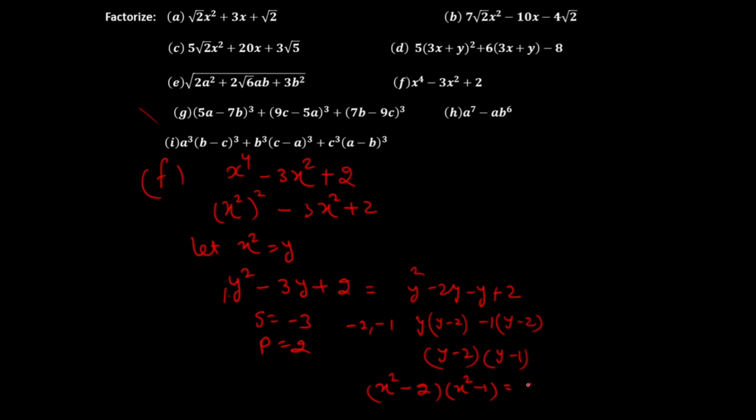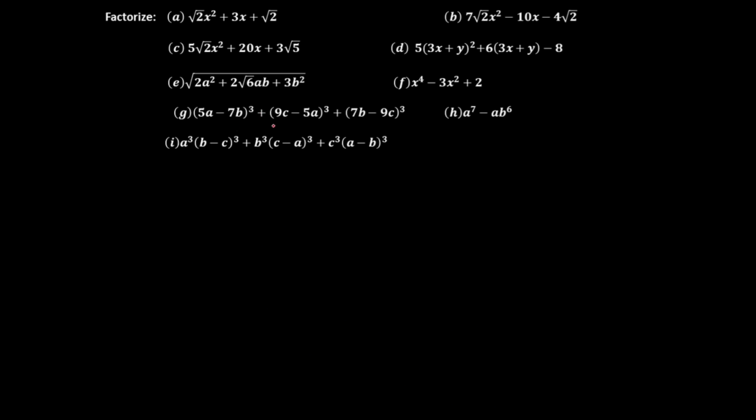Okay, if we factorize this, this will be x minus under root 2, x plus under root 2, and here is x plus 1 and x minus 1. I use the identity, which one? A square minus b square, it can be written as under root 2 square. Now we are going to take the next part, that is part G.